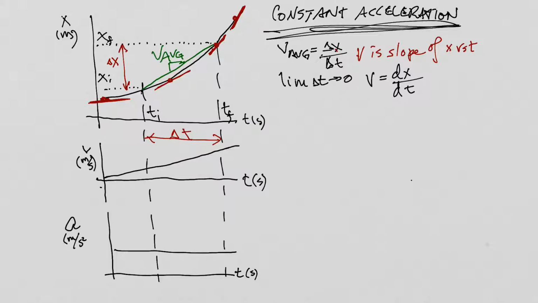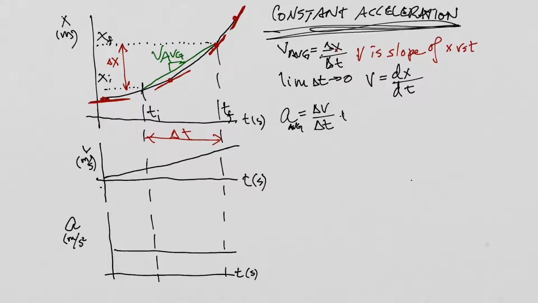We could do the same thing again and say that the acceleration equals the change in velocity over change in time. That's average, which in this case is constant, so that's true.